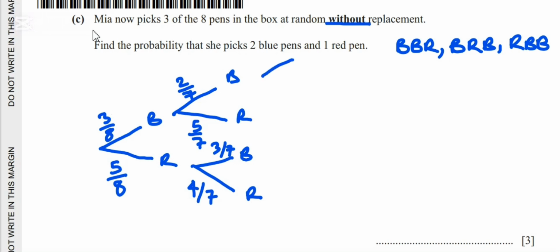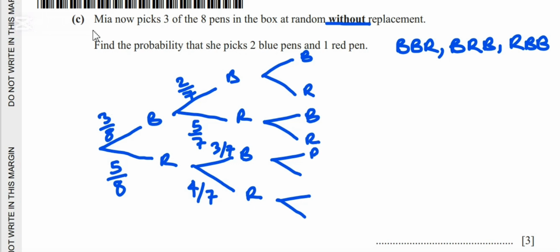Now in the third pick we are going to have this. So we have blue, red, blue, red, blue, red, blue, and red. Here we have 1 blue pen over 6, then the reds will still be 5 out of 6.